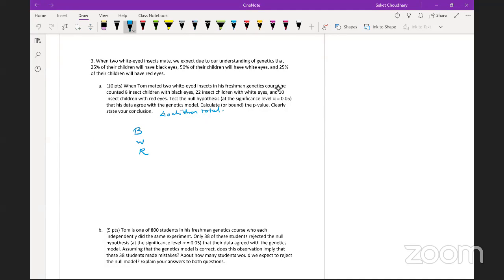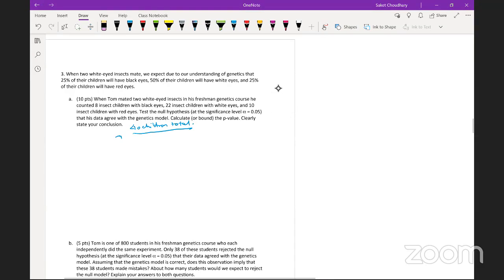Given that you have seen a total of 40 and you have a 25% chance of black eyes, the expected values, to make it clearer, are for black, white, and red.